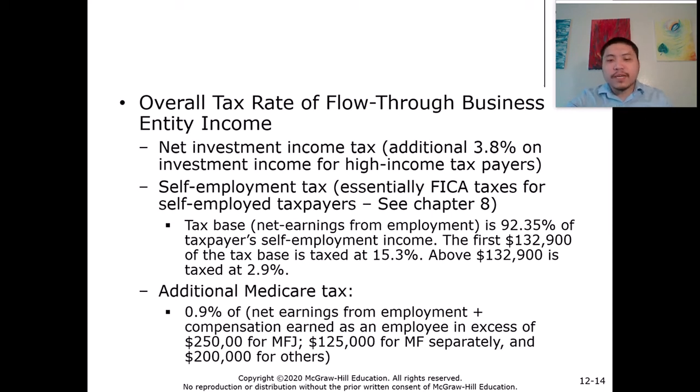If the level of AGI goes above the threshold of 250,000 or 125,000, then the taxpayer has to pay an additional 0.9% of Medicare tax as well. All of this is covered in chapter 8 already, so if you want to refresh yourself, go back to chapter 8.